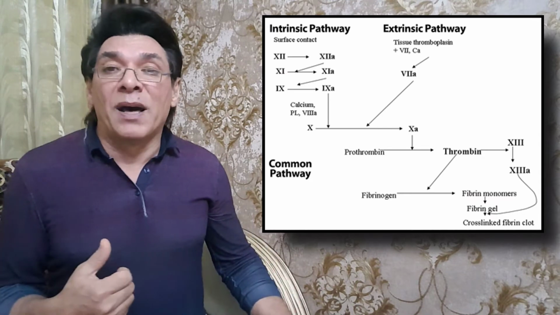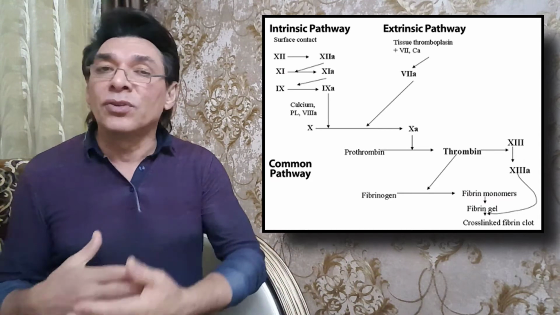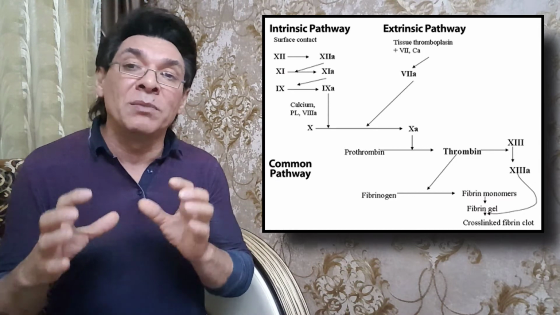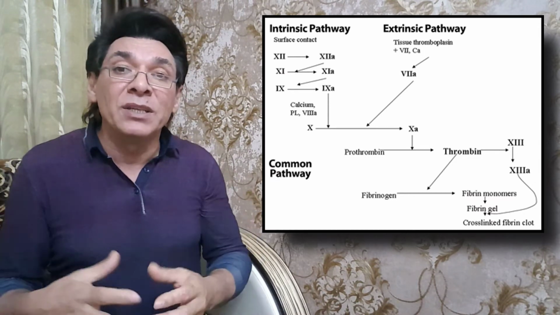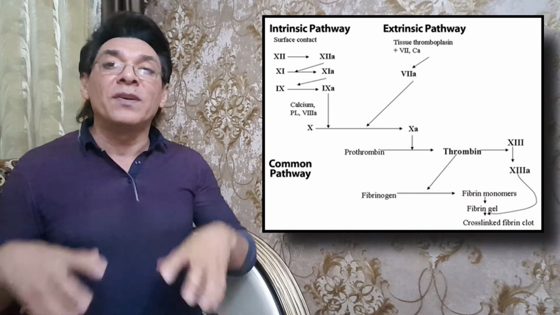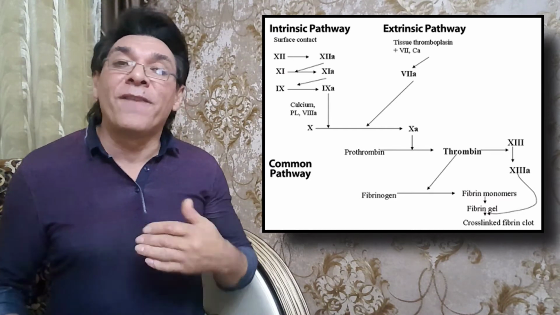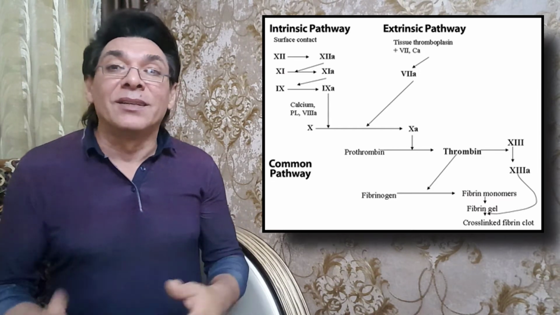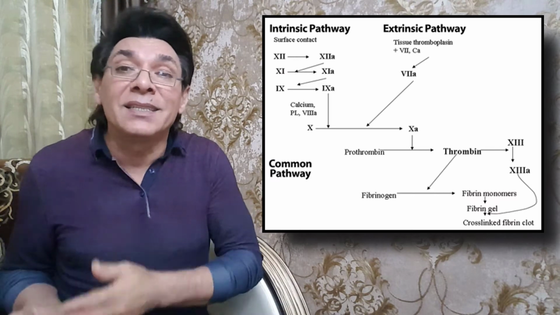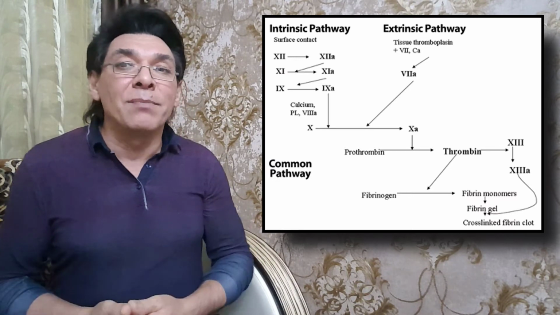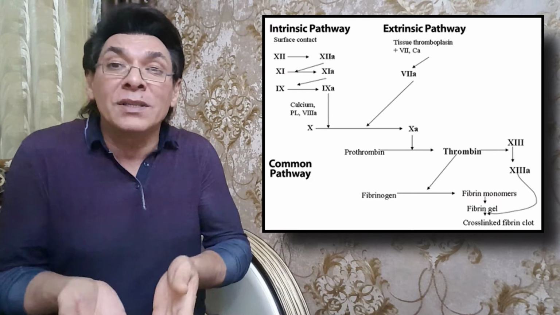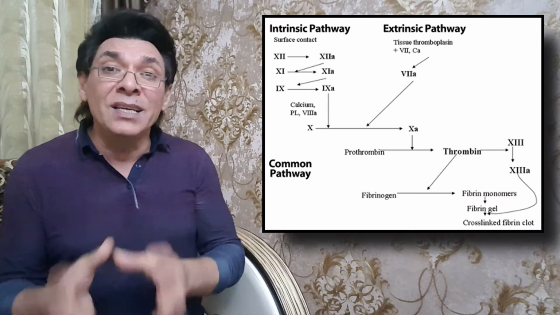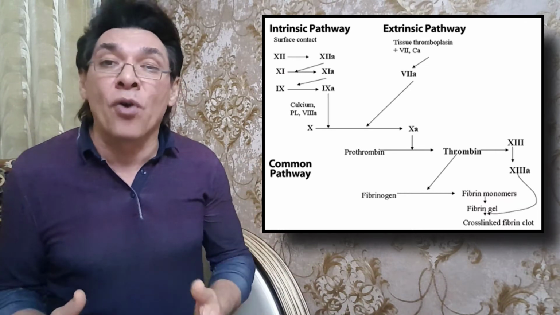And common pathway. Both the intrinsic and extrinsic pathways lead to the common pathway, in which fibrin is produced to seal off the vessel. Once factor 10 has been activated by either the intrinsic or extrinsic pathway, the enzyme prothrombinase converts factor 2, the inactive enzyme prothrombin, into the active enzyme thrombin.